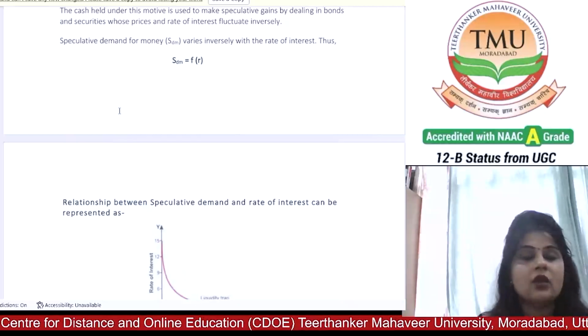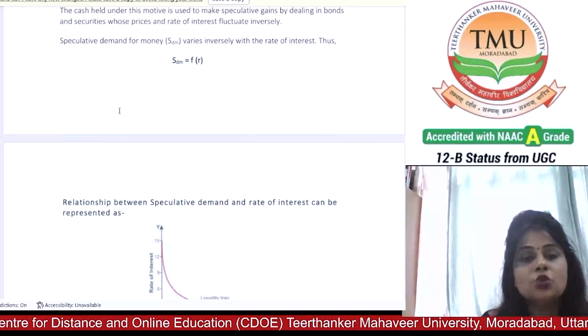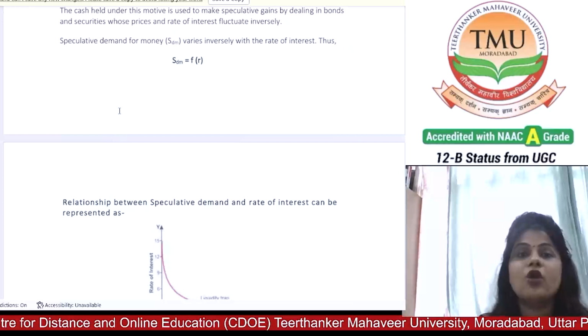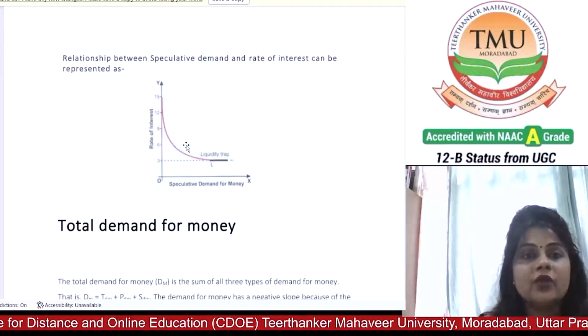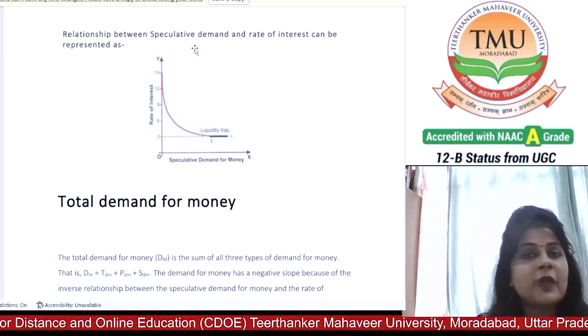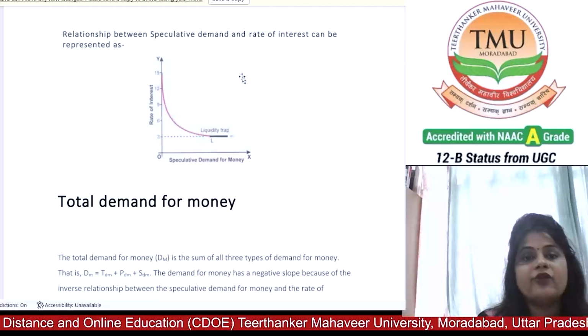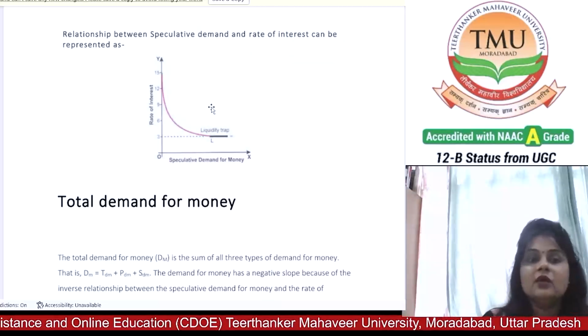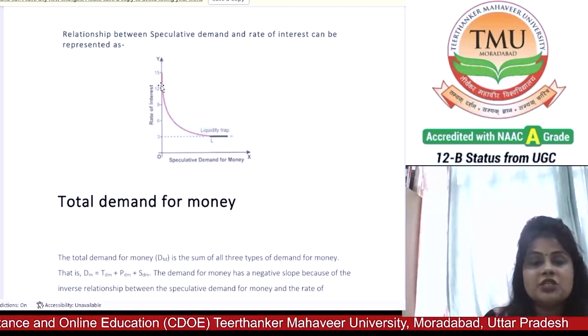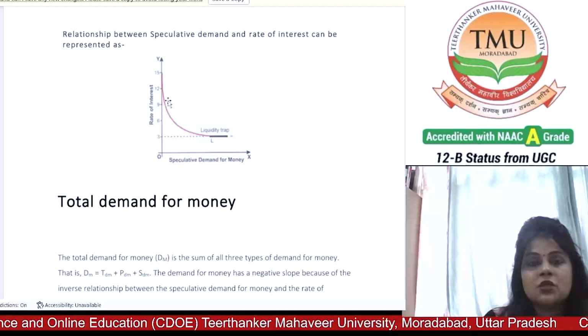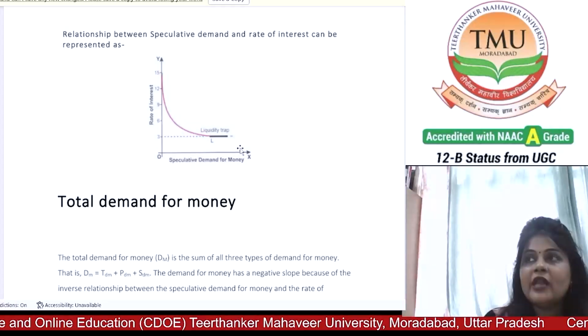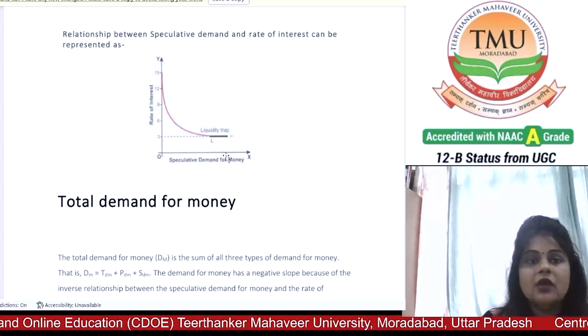Geometrically, it is a smooth curve which slopes down from left to right. Here you see the relationship between speculative demand and rate of interest can be represented.